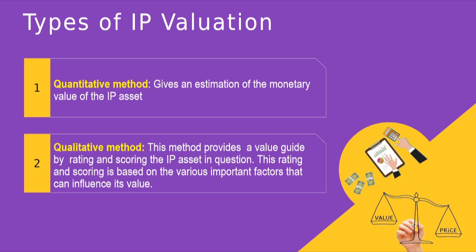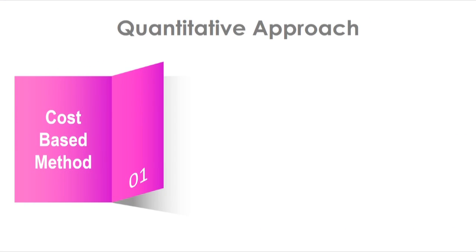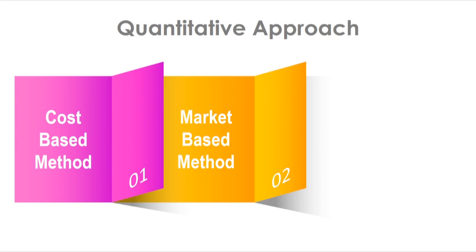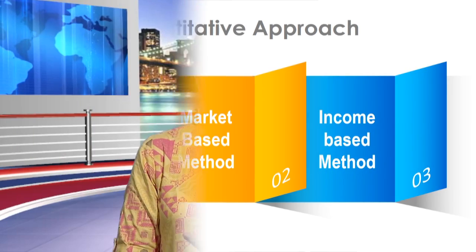This rating and scoring is based on the various important factors that can influence its value. Now, in the quantitative approach, we have three different methods: cost based method, market based method and income based method. Let us understand these three methods.